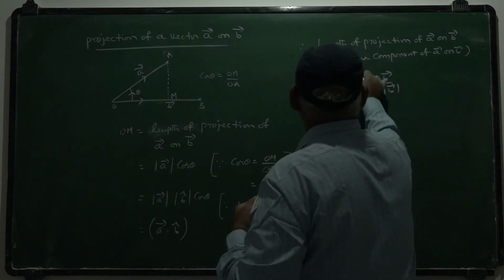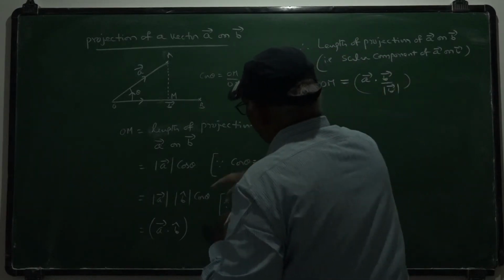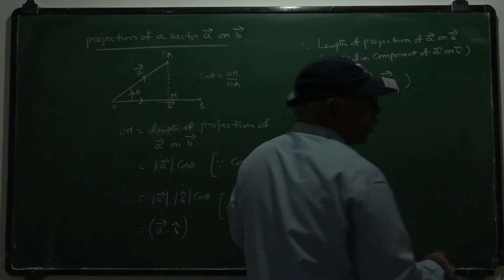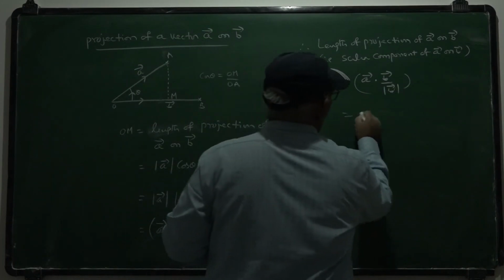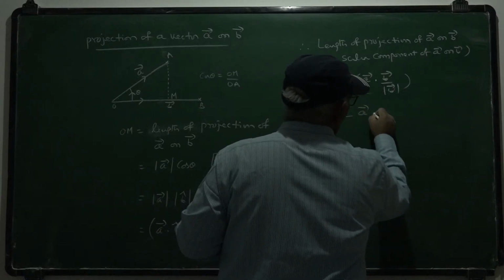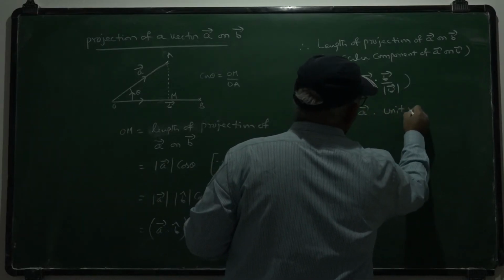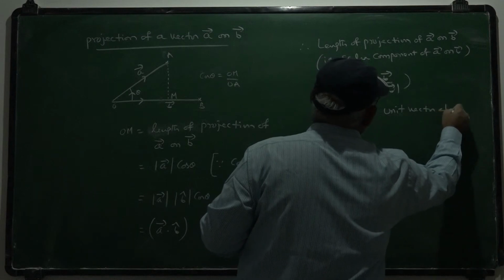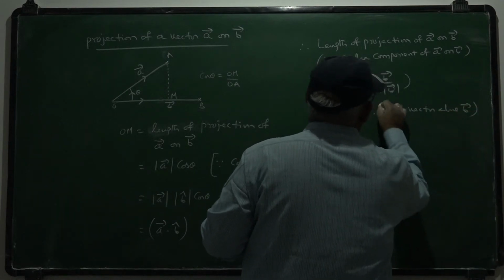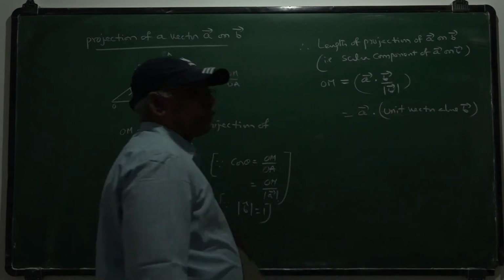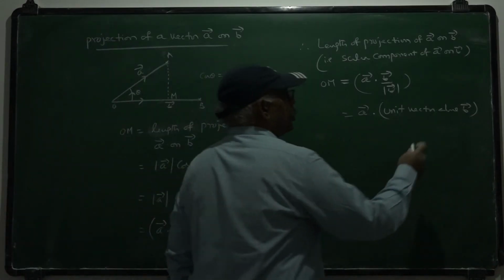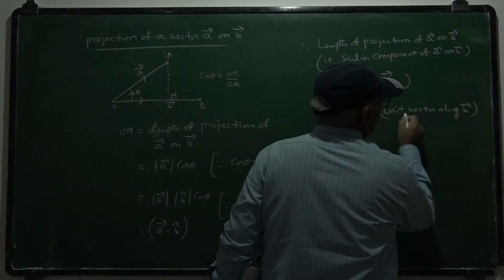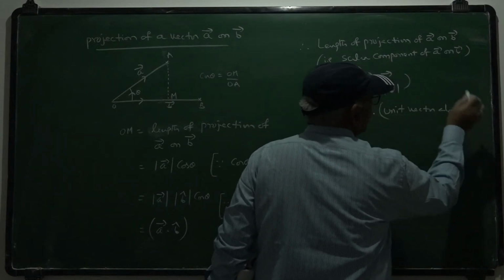That is A bar dot the unit vector along B bar, the unit vector along the direction in which projection is needed.